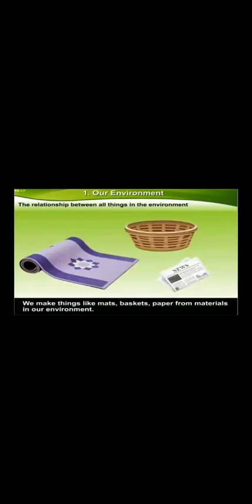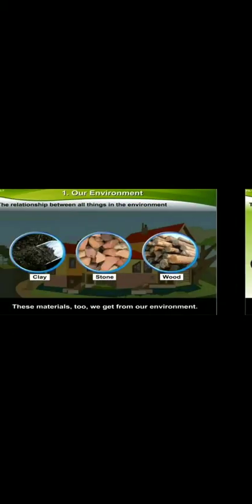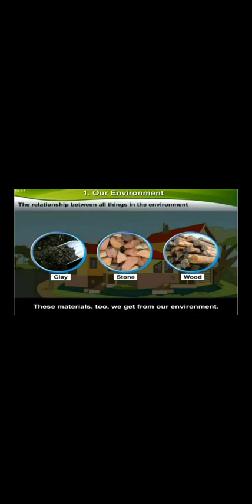We make things like mats, baskets, paper from materials in our environment. These materials too we get from our environment, like clay, stone, wood, etc. We build houses using clay and stone and wood.